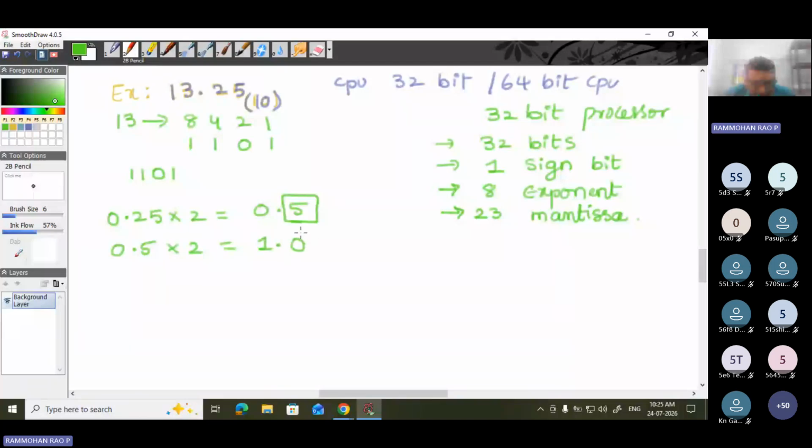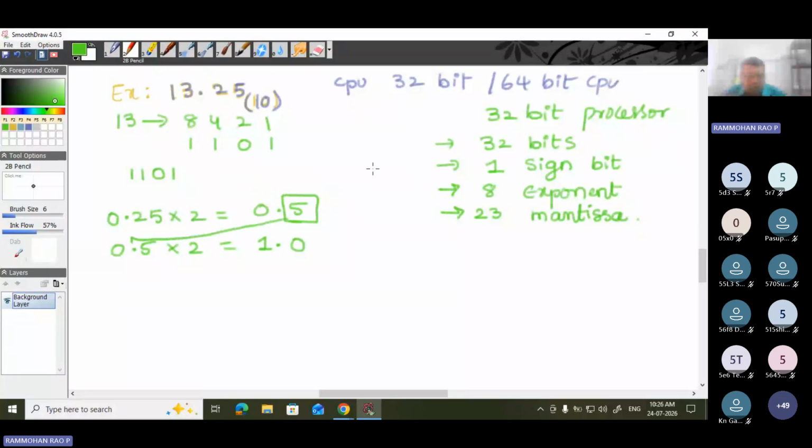Please observe, I have not taken the entire part in the second step, I have taken only the right side part. Unfortunately, both are the same in this example. For example, if this is 1.5, then I will take only the 0.5 and use it here, not 1.5. I am taking the right side portion as input to the second step, not the entire answer of the first step.